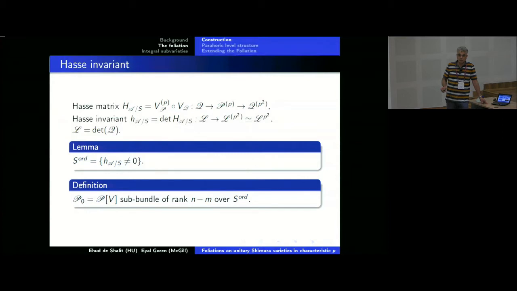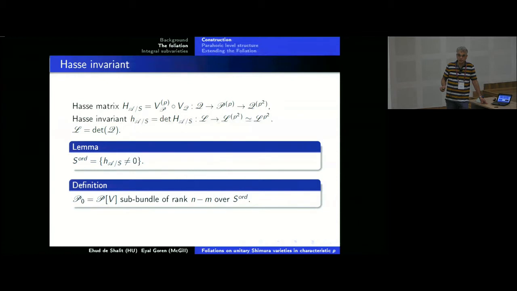But this can still be injective, and its image here, which is of rank m, may meet the kernel of this one, which is of rank n minus m. If it's not a complement to it, you can have the Hasse invariant vanishing and still the first map being injective, or rather the second map having kernel not bigger than n minus m.